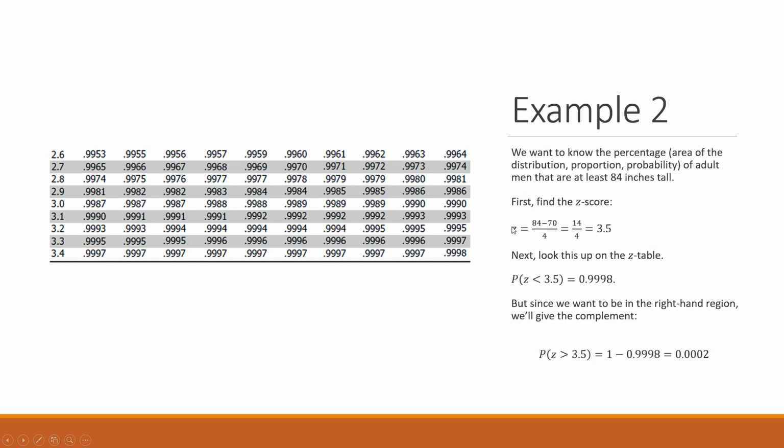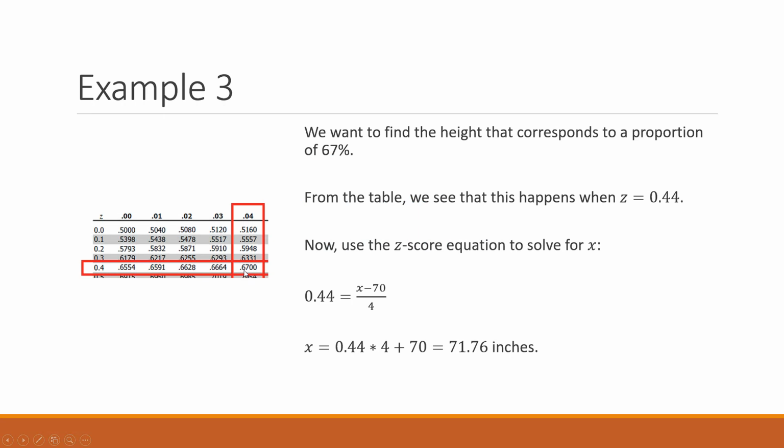So really the strategy might simply be, let's take our table and look for 67% or 0.67 for our proportion size and see what z-score corresponds to that. And I've done that here. I look up on the z-table and I find 0.67 as a proportion happens when the z-score is 0.44.